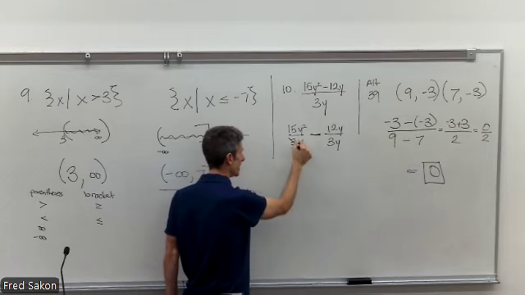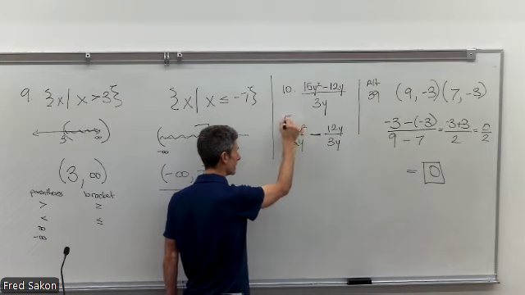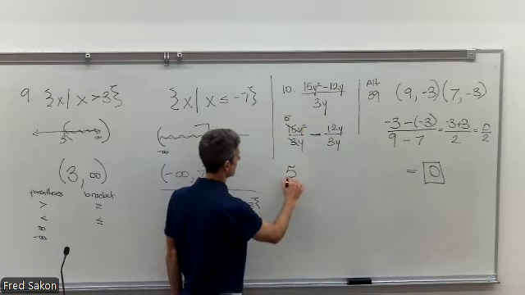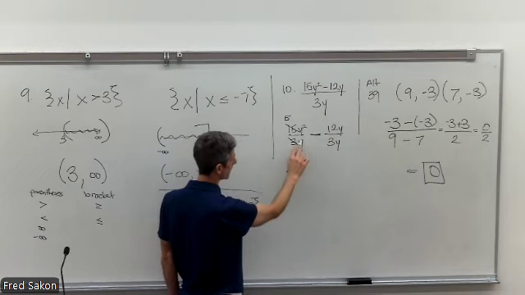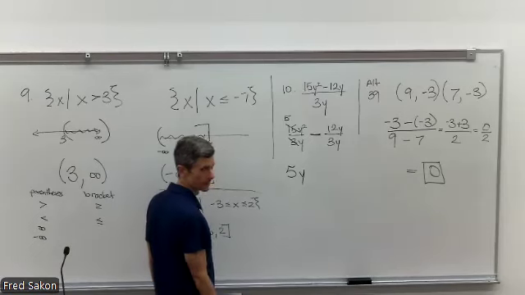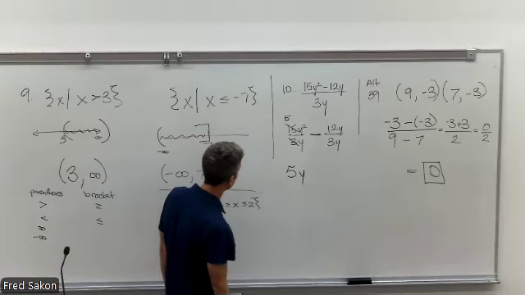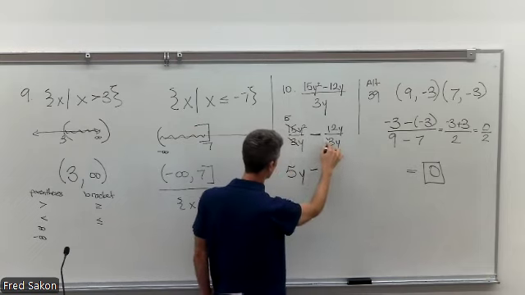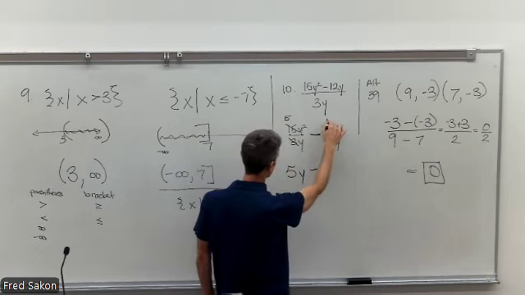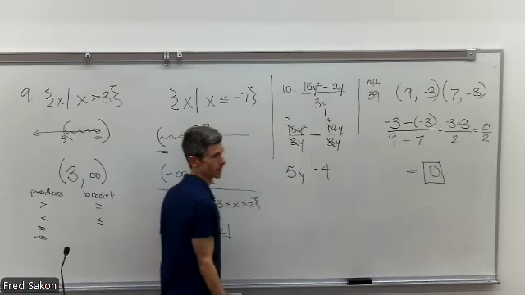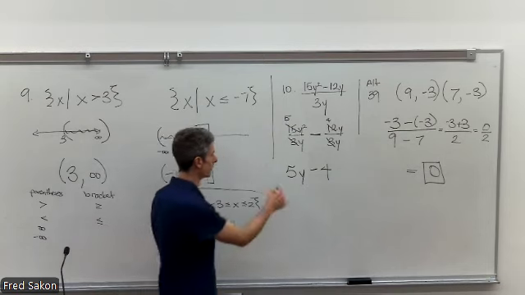I can divide 3 evenly here, and I'm left with 5, right? That's 5. And then I can divide 1y from here. I'm left with 1y. Minus 12 divided by 3, that's 4. And my y's divide evenly. So no y's left.